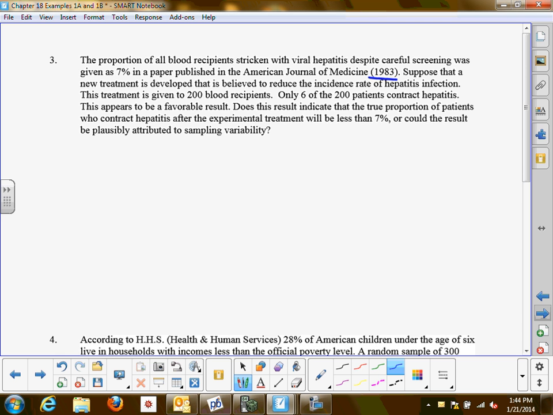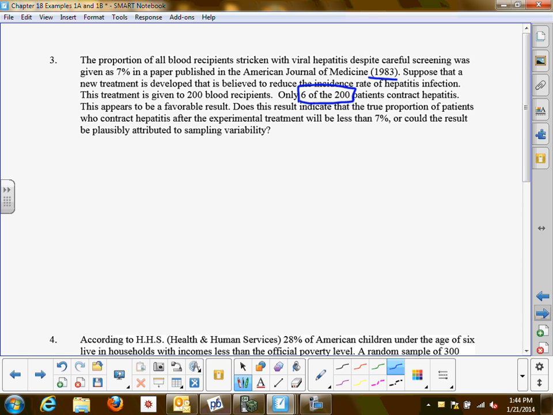Okay, so I personally wouldn't be okay with that. And that was actually published in the American Journal of Medicine in 1983. Suppose that a new treatment is developed, and it is believed to reduce that incidence of infecting people with hepatitis. So this treatment was given to 200 blood recipients, and only 6 of the 200 patients contracted hepatitis. So, of course, 6 out of 200 is 3%.